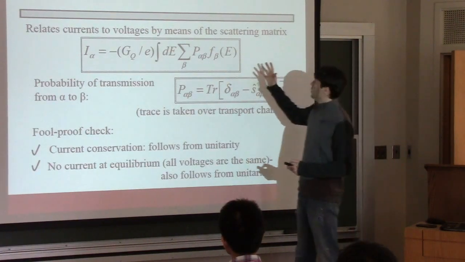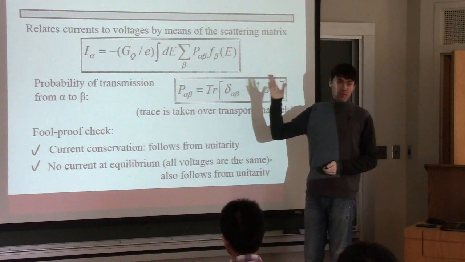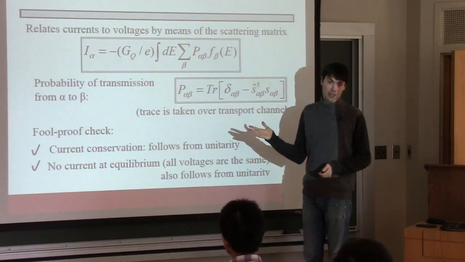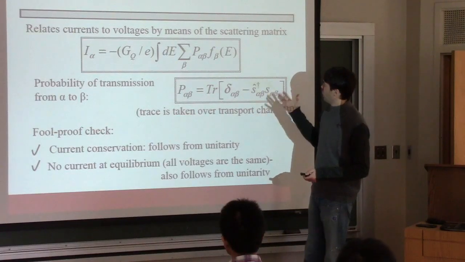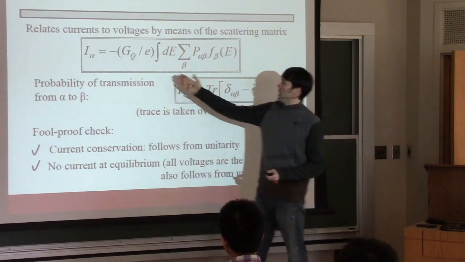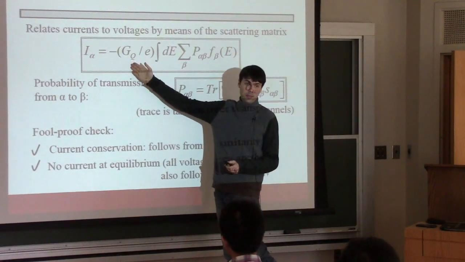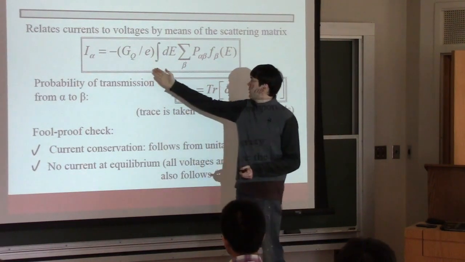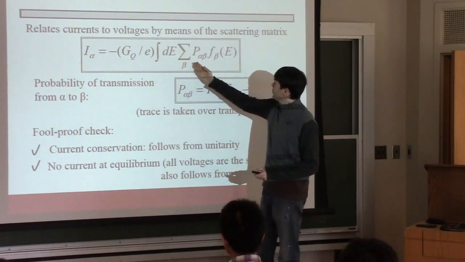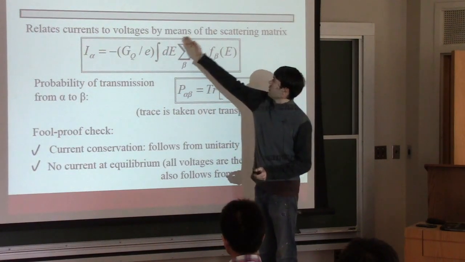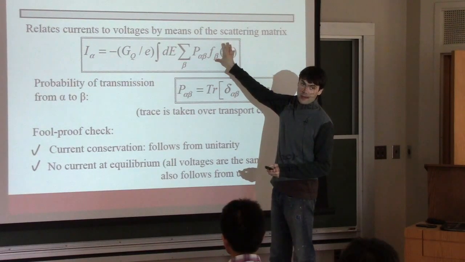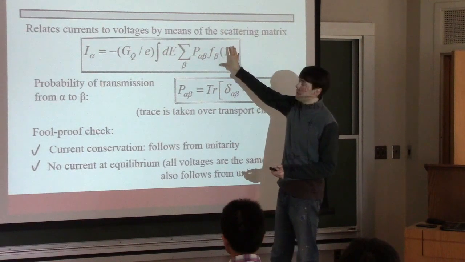And the connection between transmission and reflection and conductance goes via this Landauer formula. So let's just look at it. It is actually a very simple formula. It has this conductance quantum at the front, e squared over h. And then you integrate over this part, which has the Fermi distribution, so it takes into account the finite energy, finite temperature effects.